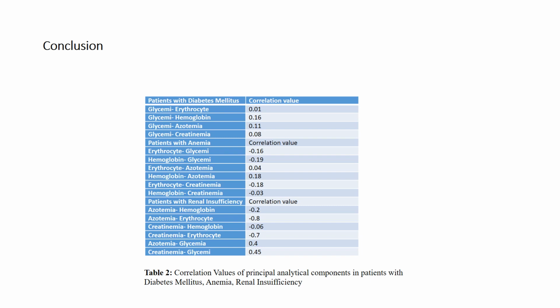For patients with anemia, the higher value of correlation is between hemoglobin and glycemia with negative value, 0.19. For patients with renal insufficiency, the higher correlation value is between azotemia and erythrocytes with negative value 0.8.